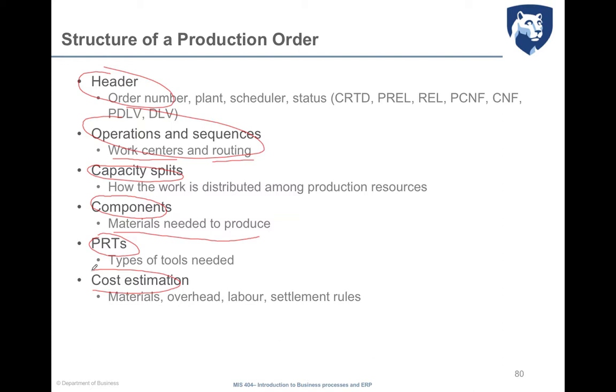A production order includes preliminary estimates for various cost components, such as material, overhead, and cost of labor. These costs are associated with the appropriate accounts in the general ledger, such as material consumption accounts. After the production order is completed, the cost accumulated in the production order will be settled.